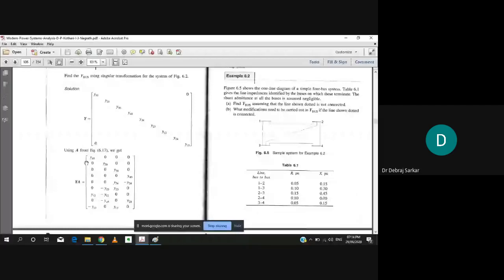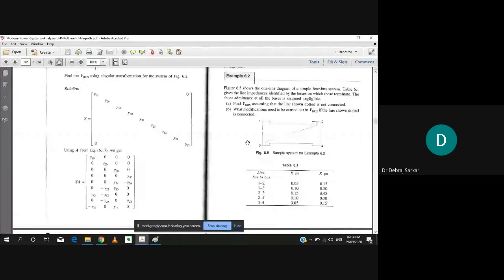They have given... we multiply with the A matrix. When you multiply by the A matrix, they are getting something like this. Okay.